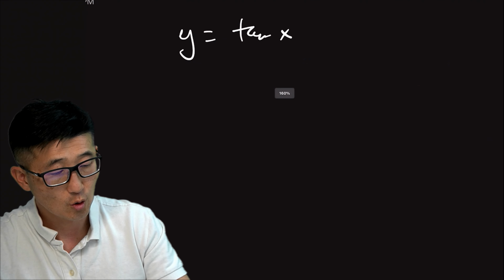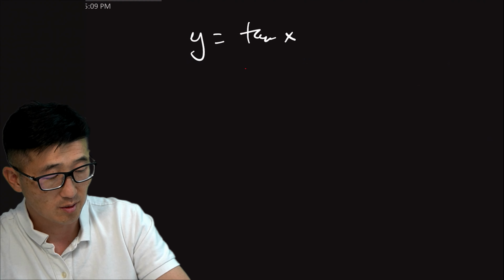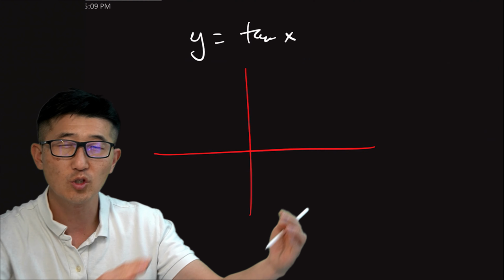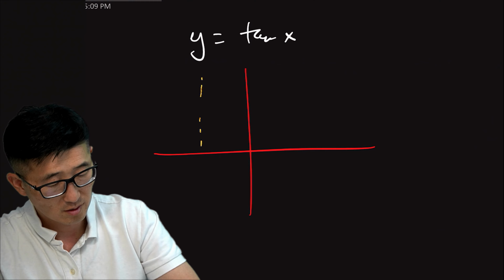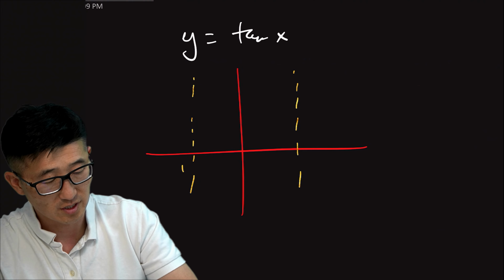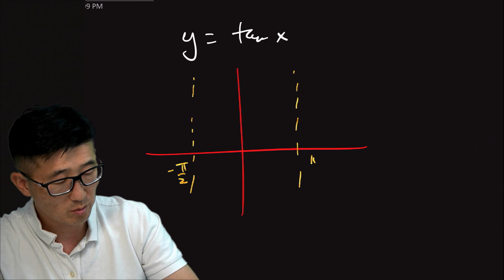Tangents. Okay, let's just briefly review the original picture. Do you remember what two numbers this has to be between, the asymptotes? Negative pi over 2 and pi over 2? Yes, very good. Now, let me show you why those two numbers are so important.